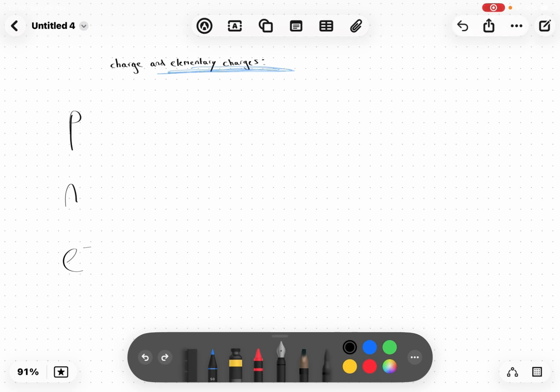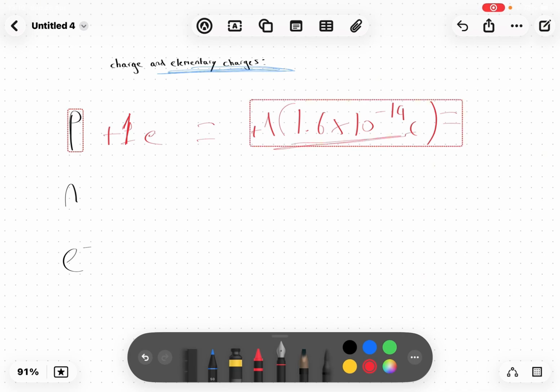The proton +1 means +1 times the value of e, which is 1.6 times 10 to the power of -19 coulombs, which equals this number, I don't want to write it down. 1 times anything equals the same number. Neutrons equal 0e, same thing, common sense.